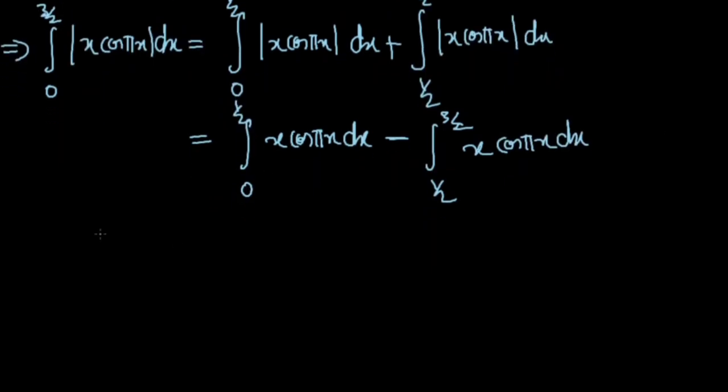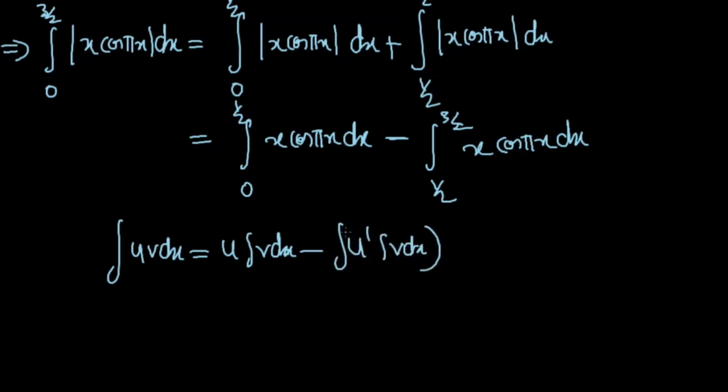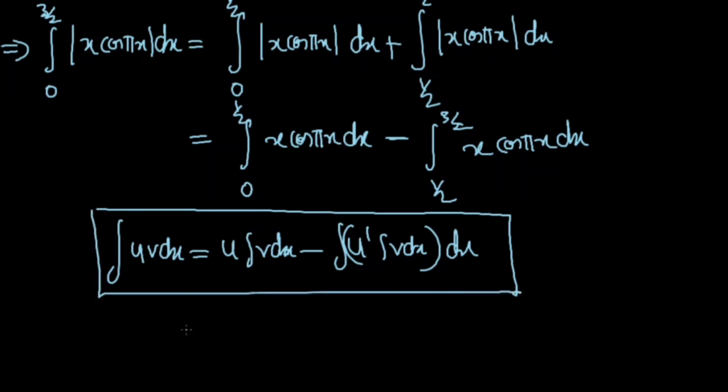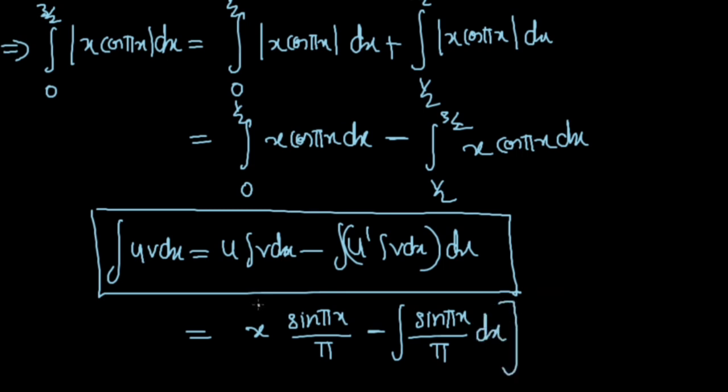By parts rule: integration of u v dx is equal to u times integration of v dx, minus integration of u dash times integration of v dx, whole dx. This is the formula we are going to use here. So, first x, integration of cos pi x is sine pi x divided by the coefficient pi, minus integration of u dash, the differentiation of x, which is 1, times integration of v dx, which is integration of cos pi x, sine pi x divided by pi, dx. The limits are 0 to 1 by 2.